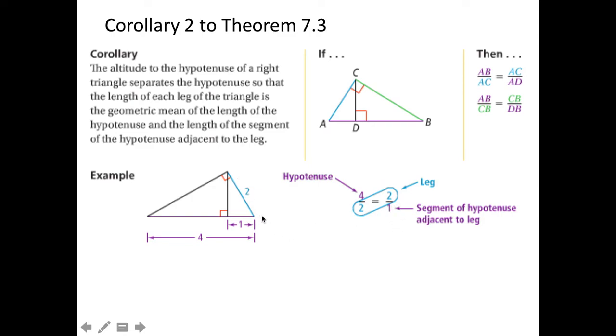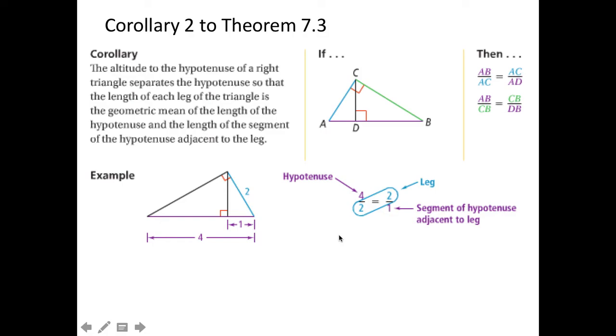The leg in the big triangle is really considered the hypotenuse of the smaller triangle, and it's used twice, and then here we have the 2 over the 1.